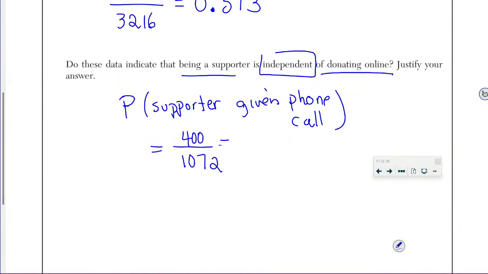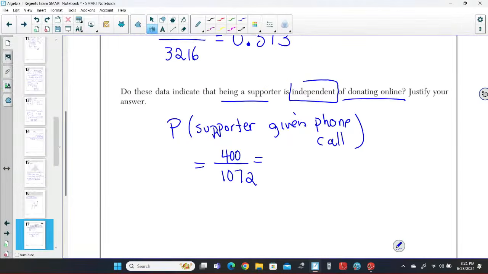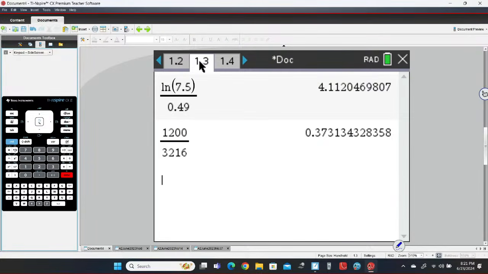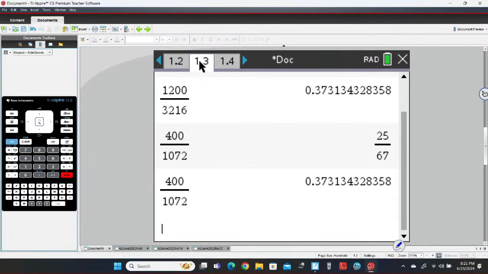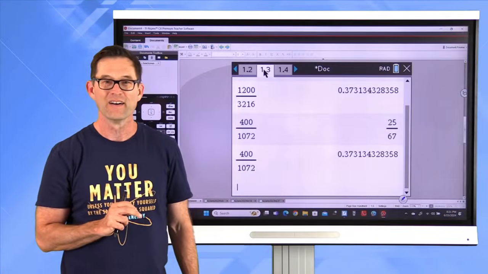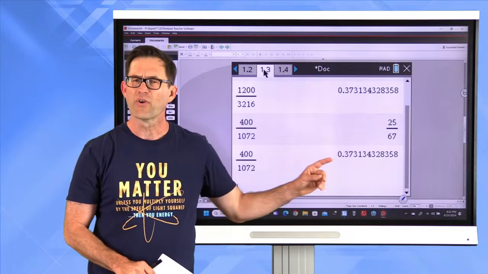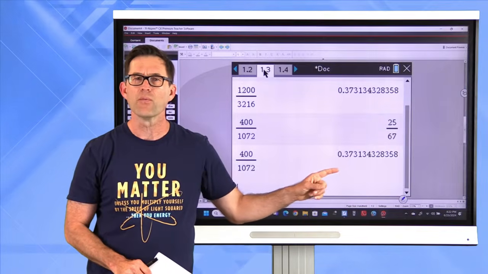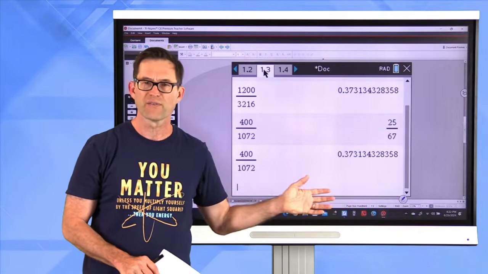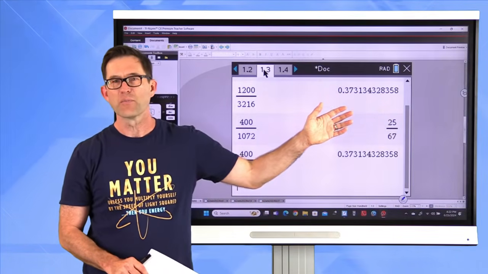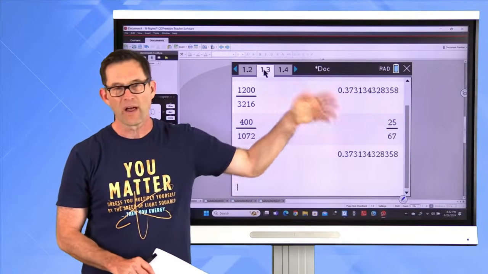Now, if I take my calculator out and I work out what that is, I just do exactly the same thing. I've got 400 divided by 1,072, and I get 0.37313, etc. So 37.3% of all the people that gave with phone calls were classified as supporters. 37.3% of all people who gave online were classified as supporters.